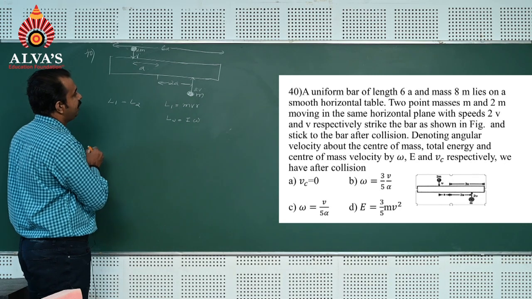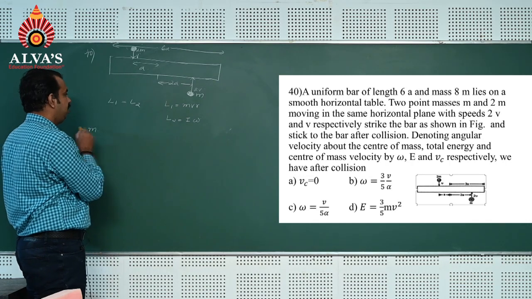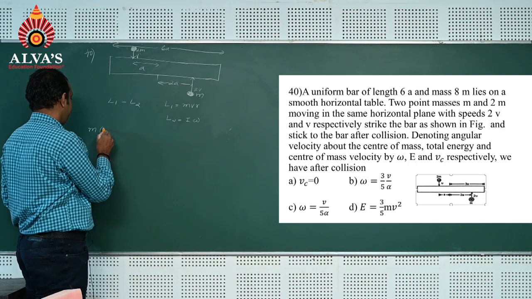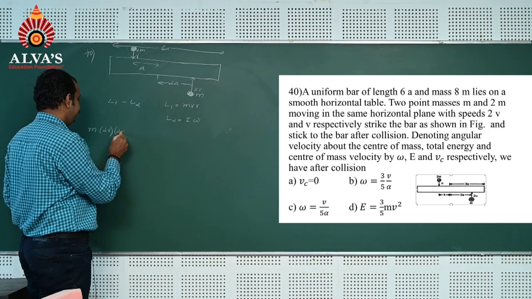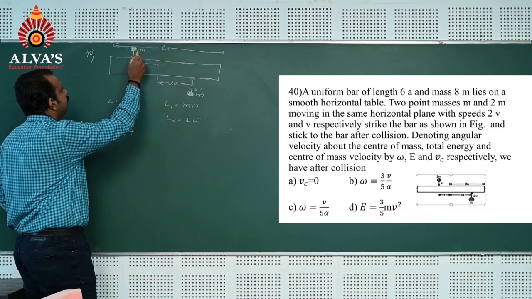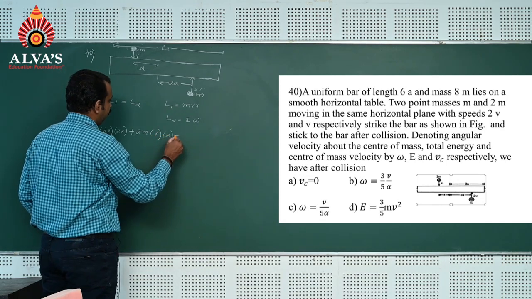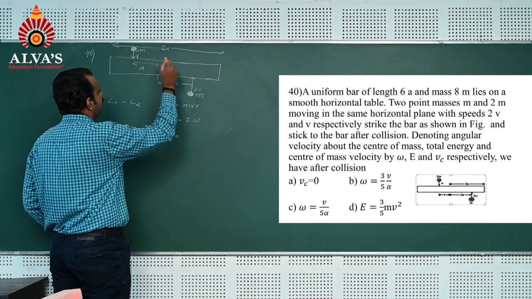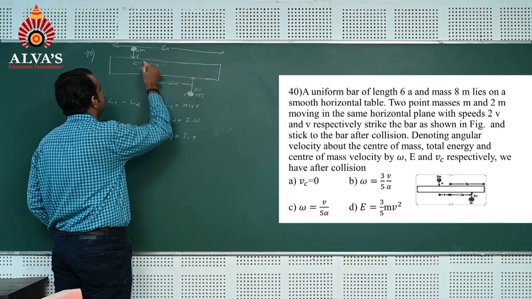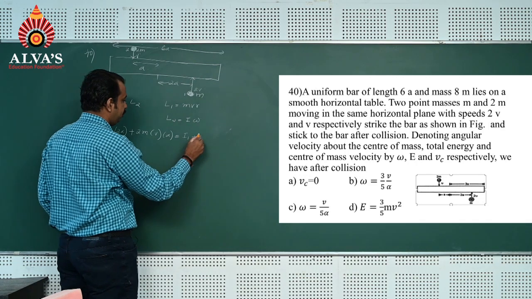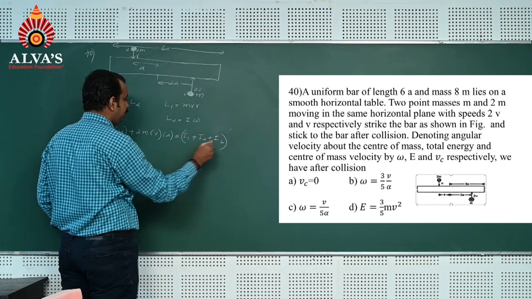That is L1. Considering L1, this is a point mass m with velocity 2v, and it strikes the bar at a distance 2a from the center, plus the momentum of this one, 2m into v into a, which equals the angular momentum of this particle I1, the first particle, plus the angular momentum of the second particle I2, plus the angular momentum of the uniform bar, I take as IB into omega.